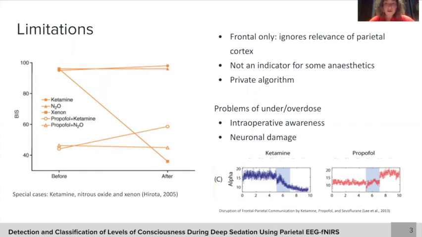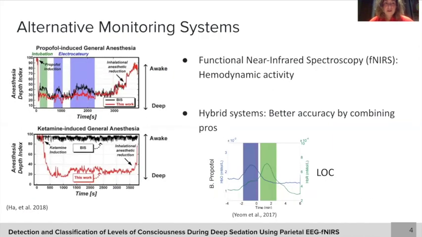And with an overdose, there can be neuronal damage because even though anesthetics are deemed safe for human use, they're still neurotoxic. And this is especially problematic for vulnerable populations, such as people that already have neural damage, or the elderly.